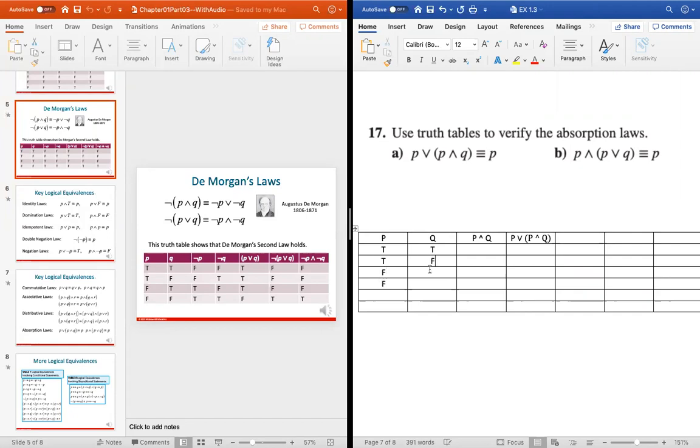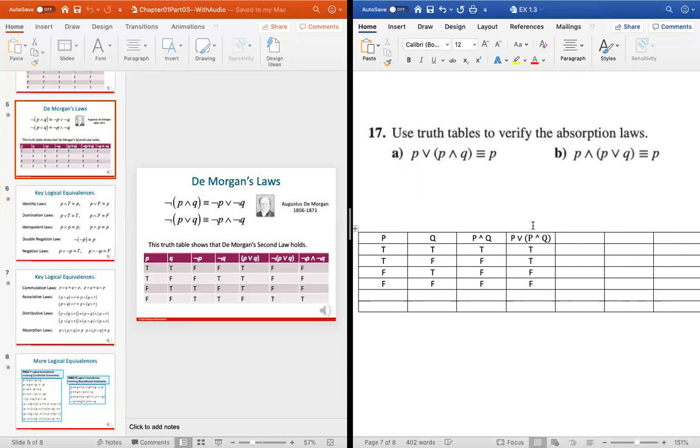Then true, false, true, false. P and Q: true and true is true, false, false, false. So this thing here is ORed with this thing. True, true is true. True, false is true. False, false is false. False, false is false. Right?